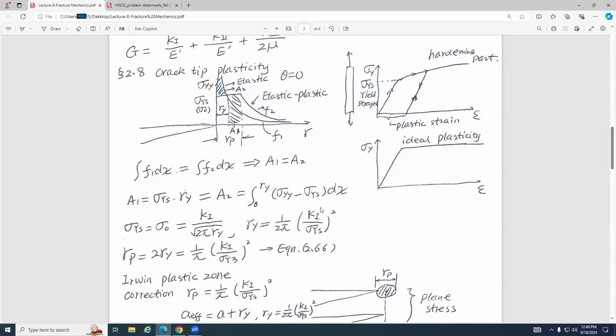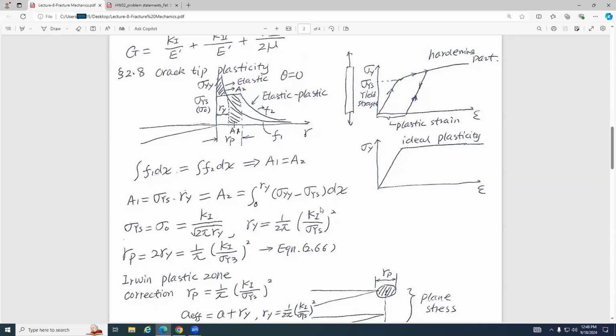And here is called the plastic strain. That means after this material yields and you remove the load, the strain cannot go back to 0 instantly, and you will have a plastic strain. So this is yield strength. This is more common, and this is idealized plasticity.